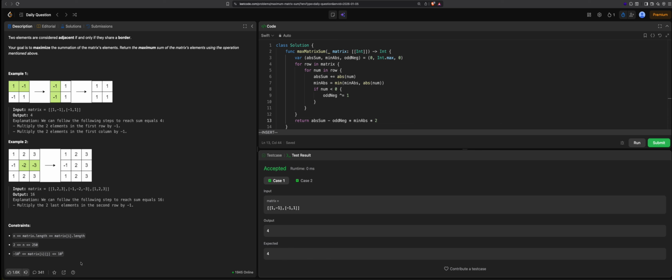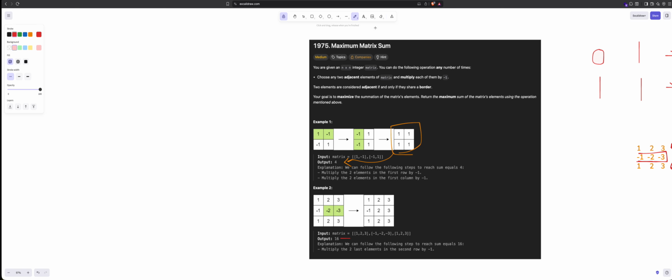To explain the easiest operation, I'd better write it down here. Let's consider we have a matrix with just -1 and 2. Then we get the absolute sum of 3, because taking the absolute of -1, the combination will be 3. And then we have an absolute minimum, which is 1.